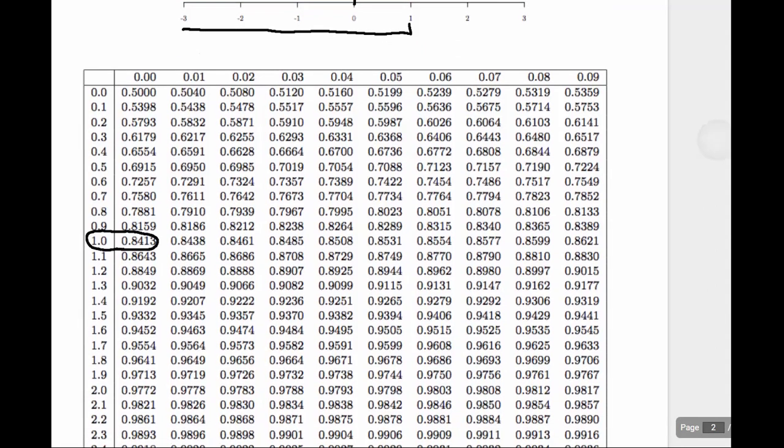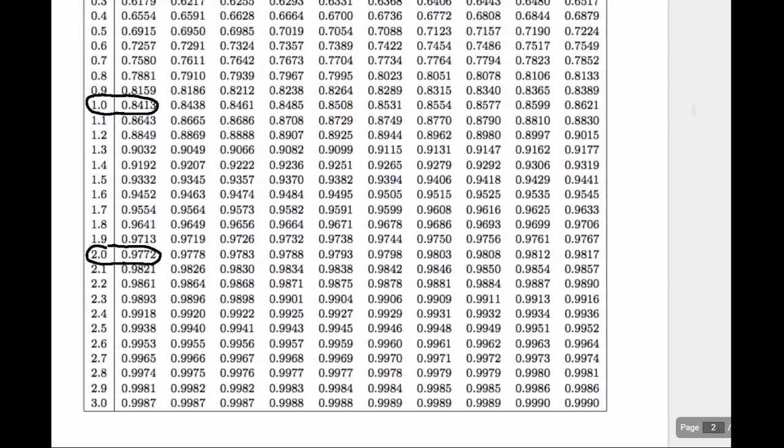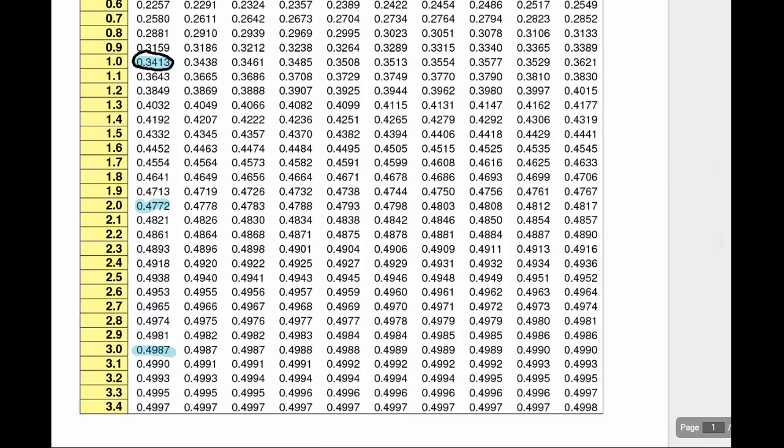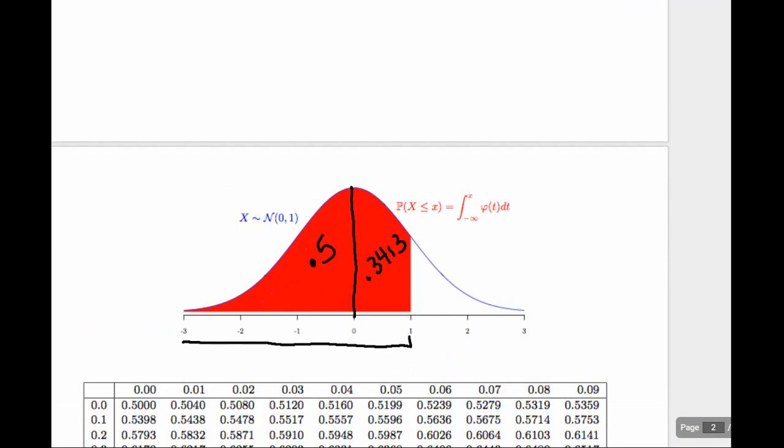Now, if we look at 2 standard deviations here, okay, 2 standard deviations is 0.9772. And remember up here, it was 0.4772. And again, it's 0.5 more because I'm not going from the center out on this table.